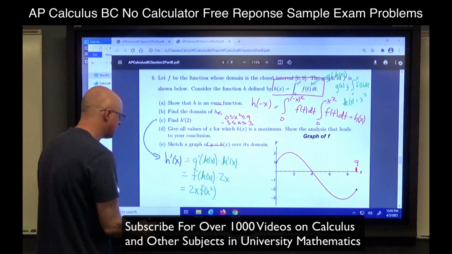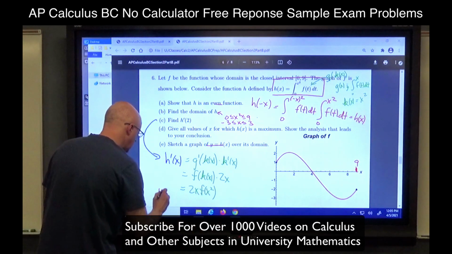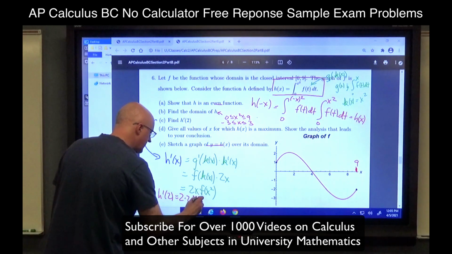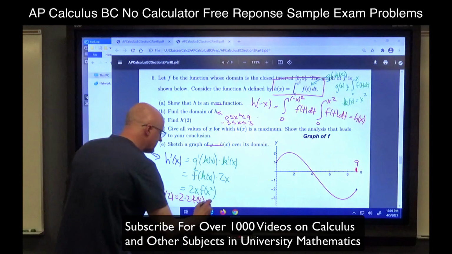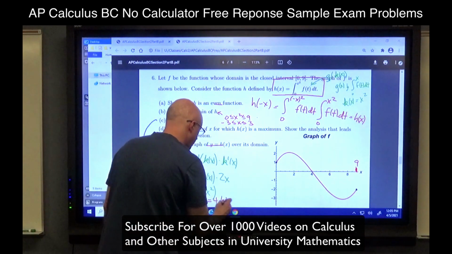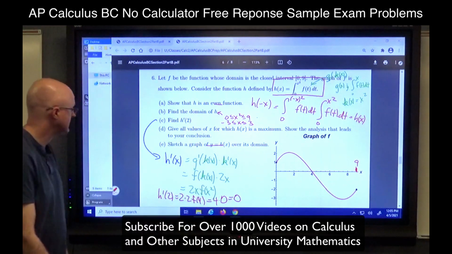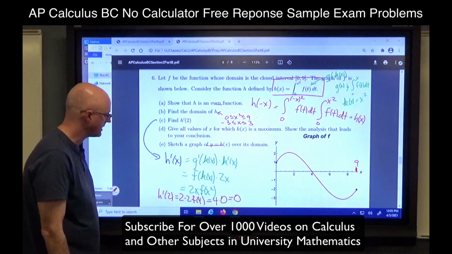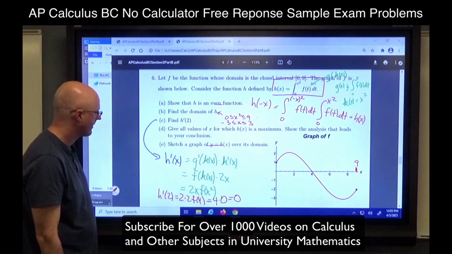That's h prime of x, and therefore h prime of 2 is 2 times 2 times f of 2 squared. 4 times, what's f of 4? It's 0. 4 times 0, the answer is 0 for part C. But it's good to know this as well first, before you think about plugging a number in. So h prime of 2 is 0.